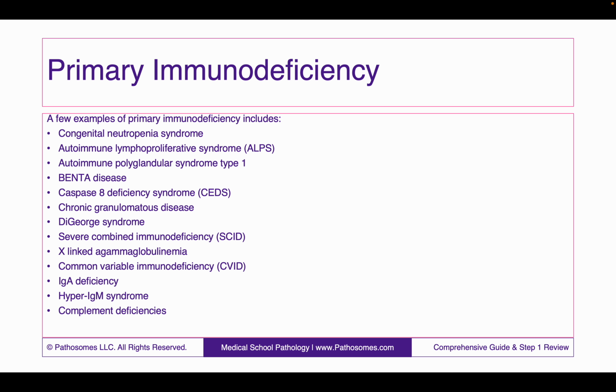A few examples of primary immunodeficiency include congenital neutropenia syndrome, autoimmune lymphoproliferative syndrome, autoimmune polyglandular syndrome type 1, Benta disease, Caspase 8 deficiency syndrome, chronic granulomatous disease, DiGeorge syndrome, right? 22q11.2, severe combined immunodeficiency, X-linked agammaglobulinemia, common variable immunodeficiency, IgA deficiency, hyper IgM syndrome, and complement deficiencies. Wow, that's a lot.